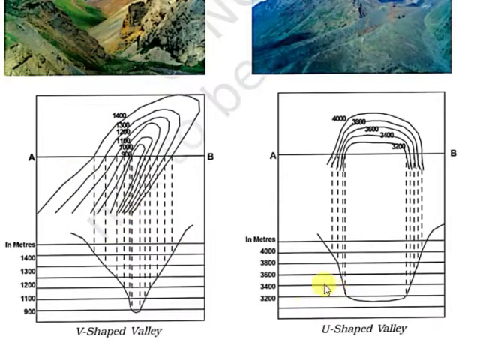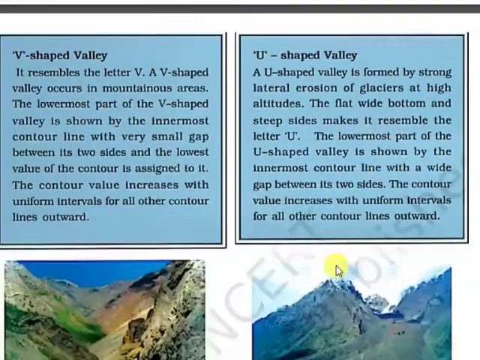Whereas in the U-shaped valley, just go through the definition first. A U-shaped valley is formed by strong lateral erosion of glaciers at high altitudes. The flat bottom and steep sides make it resemble the letter U. The lowermost part is shown by the innermost contour line with a wide gap between the two sides.